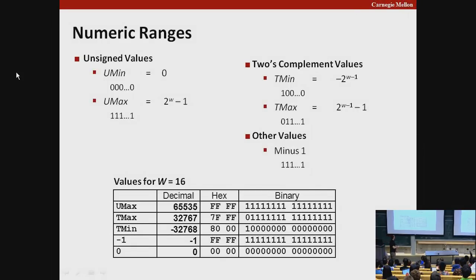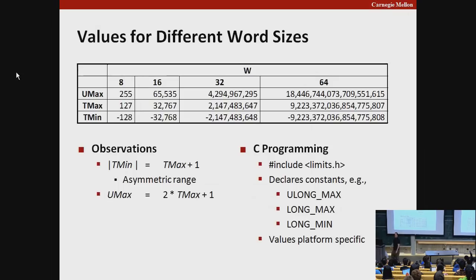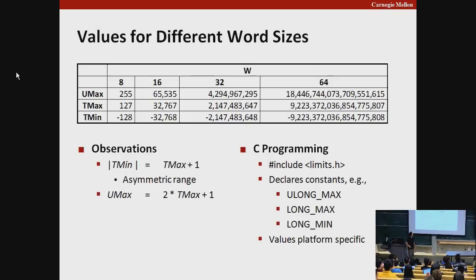It's the most negative number plus all the 1s that brings us to a -1. Add 1 to a -1, and all 1s plus 1 is going to be 0. 1 plus 1 is 0, carry the 1, and so on, down the line. At the last bit, 1 plus 1 is 0, and there's nowhere to carry the 1. We throw it away. We're all 0s. So it all works out. You guys see that? Okay.